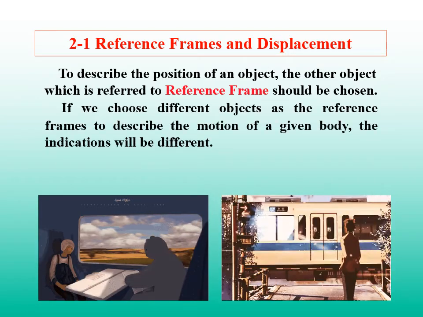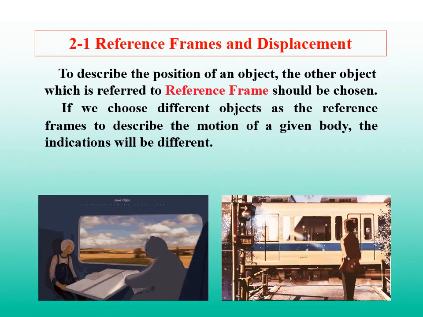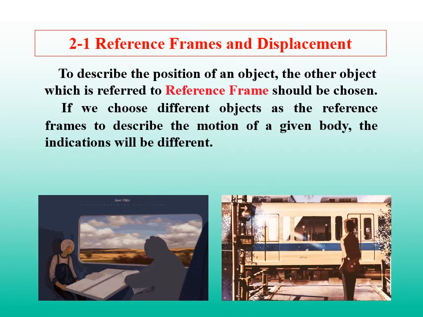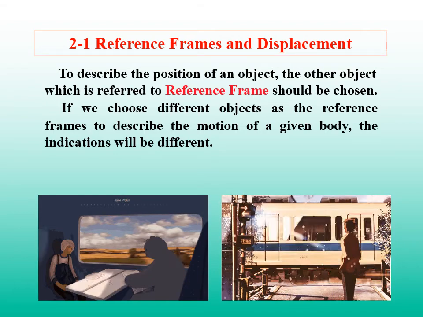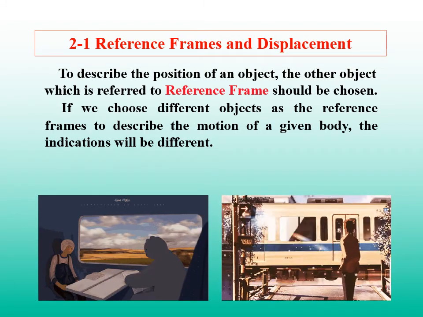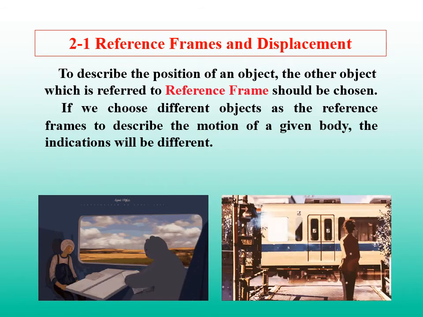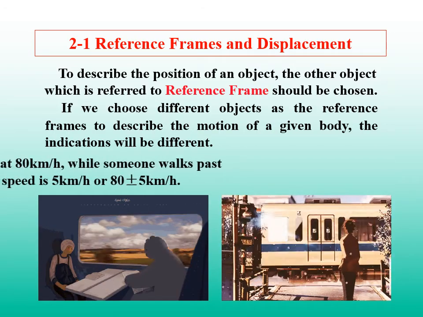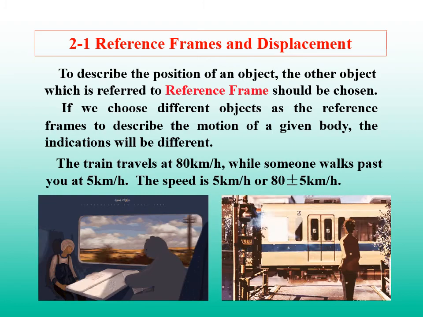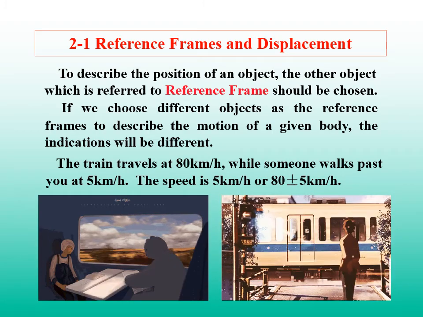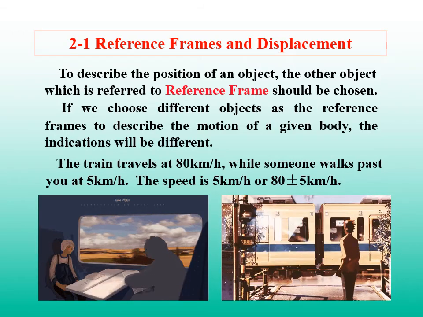For example, the train travels at 80 km per hour, while someone walks past you at 5 km per hour in the carriage on the train. The speed is 5 km per hour or 80 plus or minus 5 km per hour, depending on whether your observation is made in the train or on the ground of the earth.